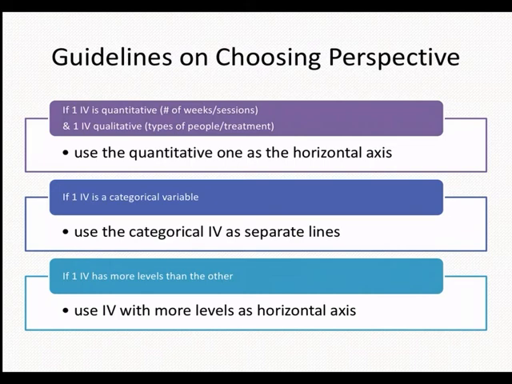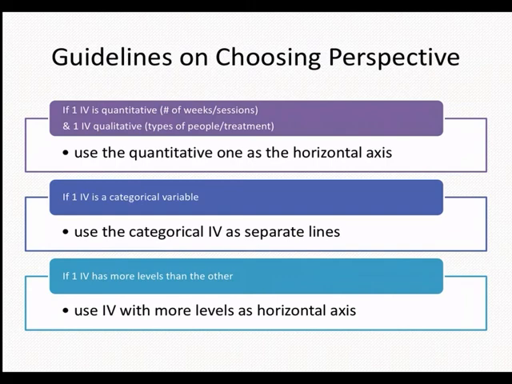Use the quantitative one as a horizontal axis. Because usually we think like the more right, the higher, I think intuitively. So based on this, it was easier for most of us to understand when we put the length of stay, because that's a quantitative one, as an x-axis.